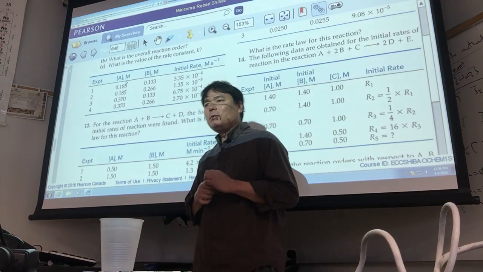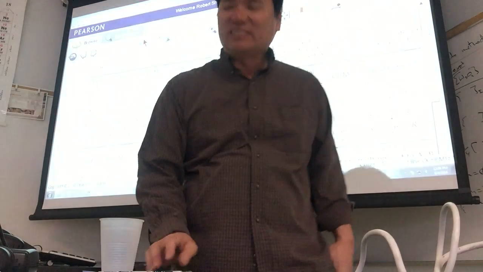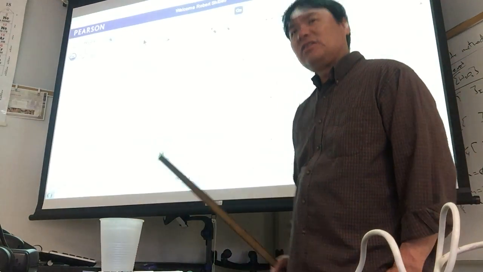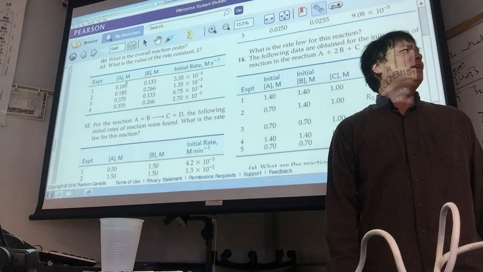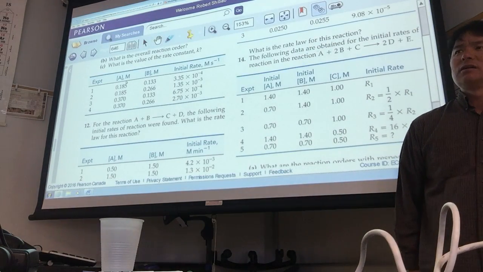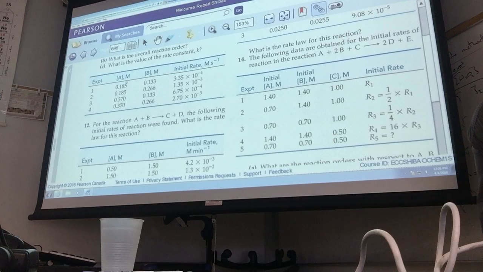What happens if we double both A and B? If we double both A and B, well, A is a first order impact, so that should double the rate. B is a second order impact, so that should quadruple the rate. And so if we double both A and B, what's going to be the overall impact on the rate? It's going to be an 8-fold increase in the rate, right?